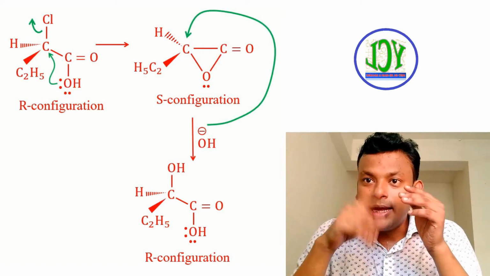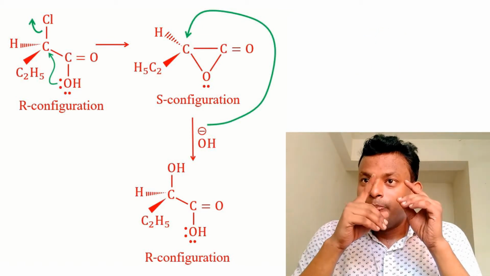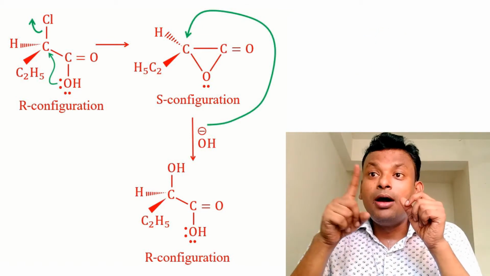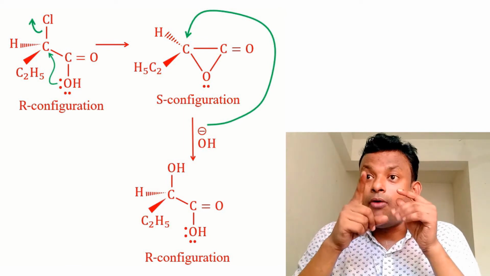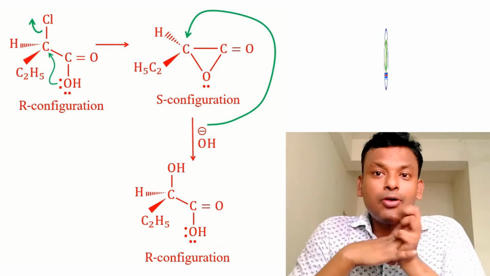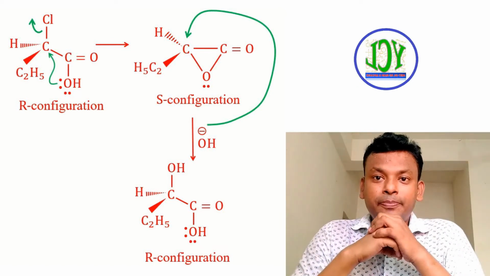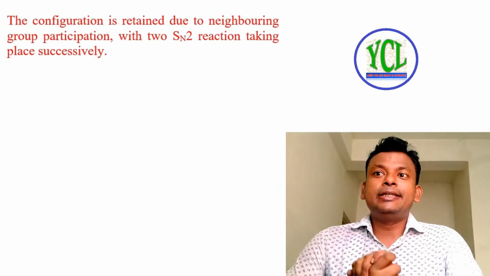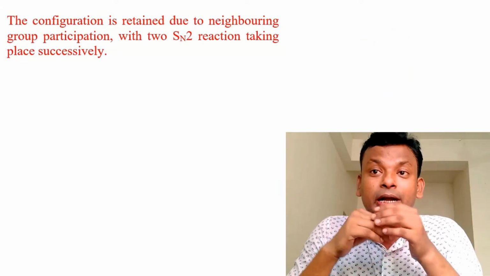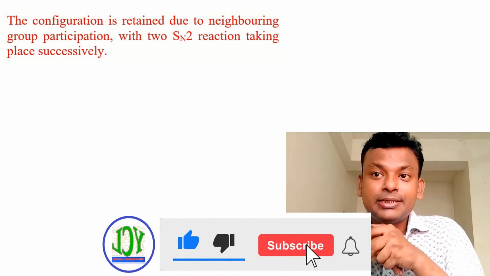In the next step, OH negative, that is the nucleophile, attacks the cyclic ring from this side and forms the R configuration, that is the configuration is retained. The configuration is retained due to neighboring group participation, with two SN2 reactions taking place successively.